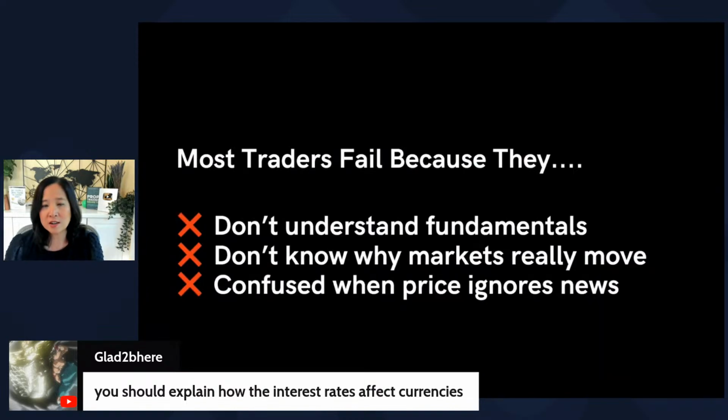The reason I feel that's necessary is because most traders feel like they fail because they don't understand fundamentals. They don't know why markets really move. And they're especially confused when the price ignores news, like yesterday, when the retail sales report was good, but the dollar did not end up rallying.